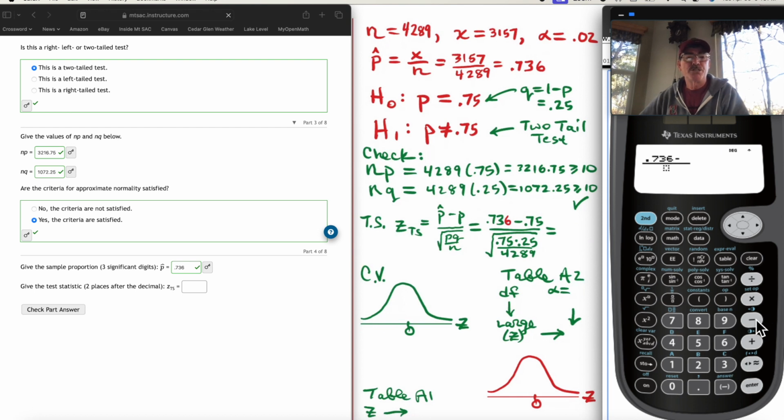So 0.736 minus 0.75, over the square root of the fraction 0.75 times 0.25 over 4289, looks good.